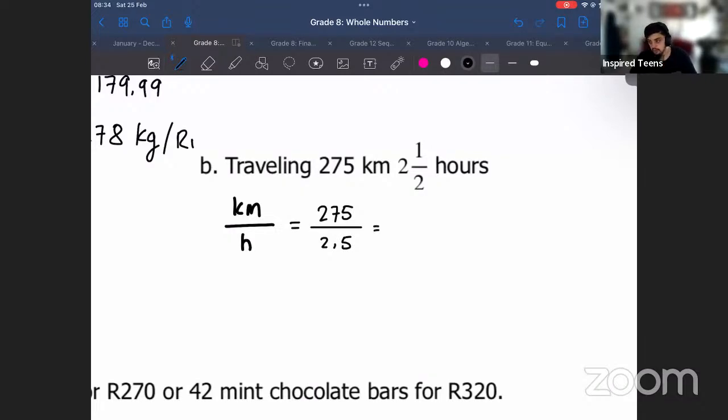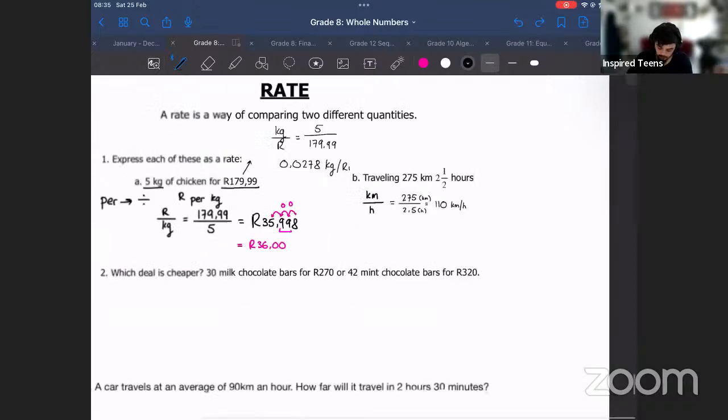We get an answer of 110, and my unit is kilometers per hour. So this tells me that they were traveling at approximately a speed of 110 kilometers per hour.